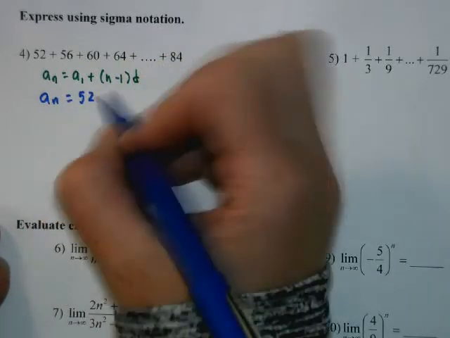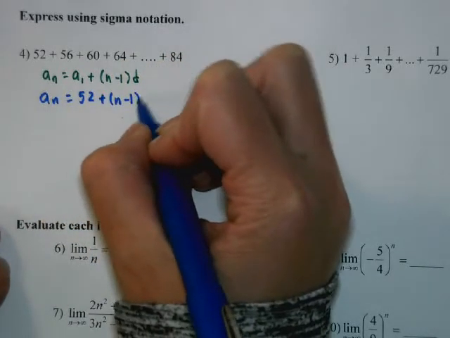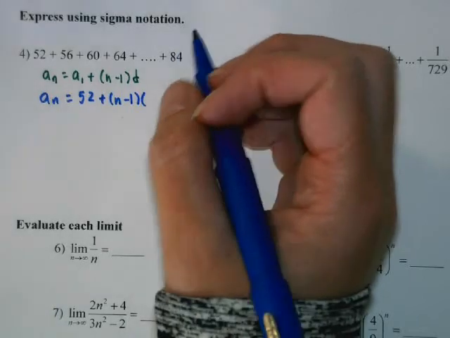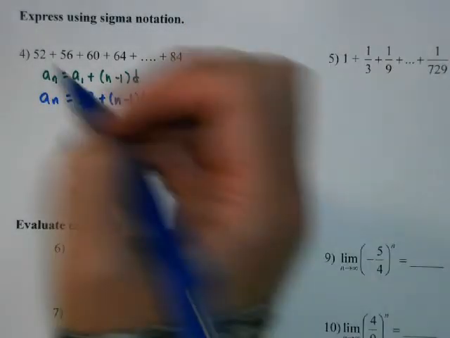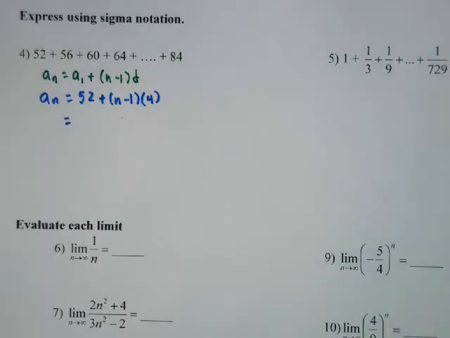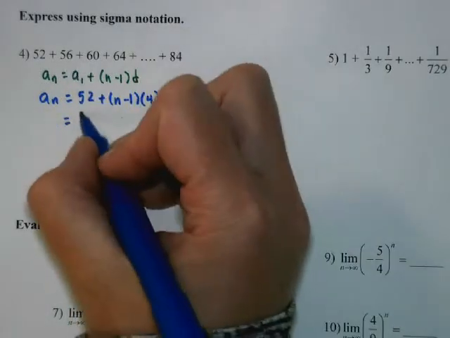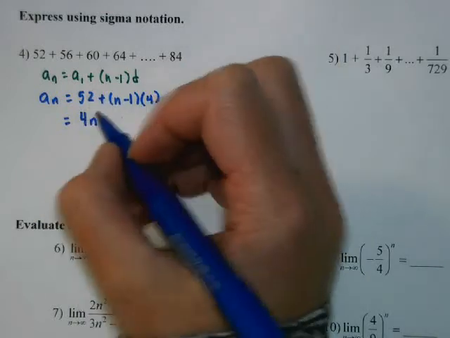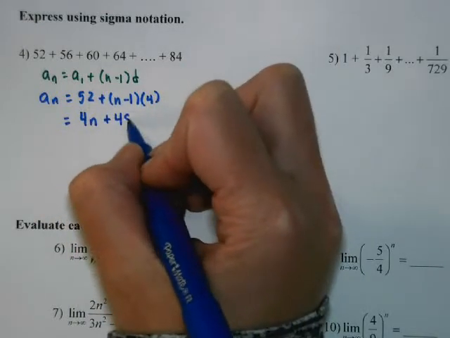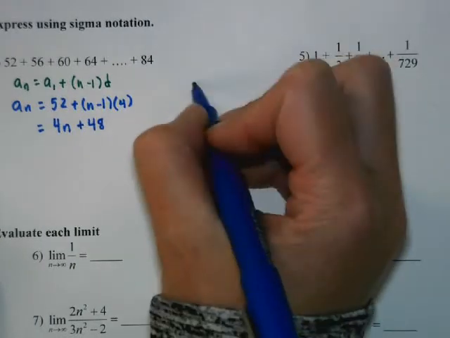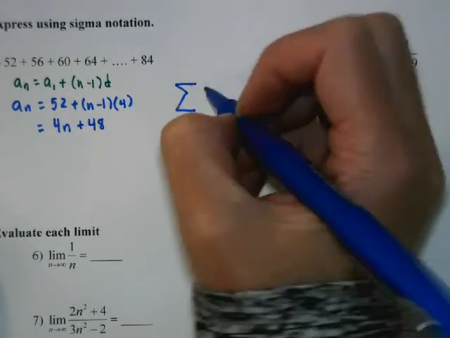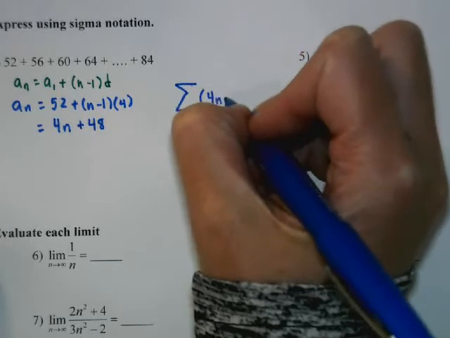So that'll be 52 plus n minus 1 times our common difference. What we're adding here is going to be 4. If I distribute that, we'll have 4n minus 4. So we end up with 4n plus 48. Okay, so in my sigma notation, that's my general term.